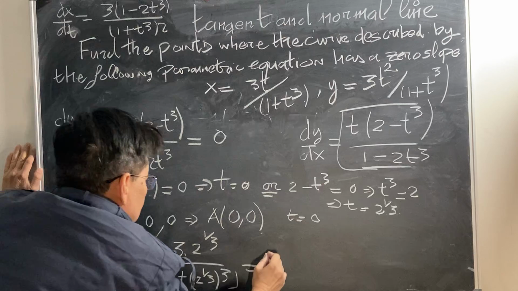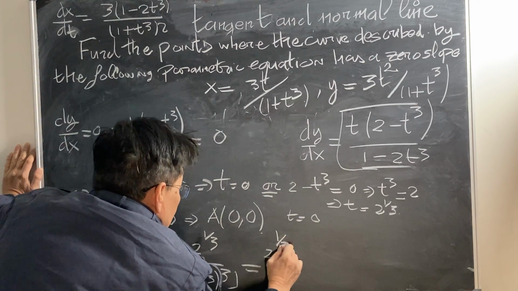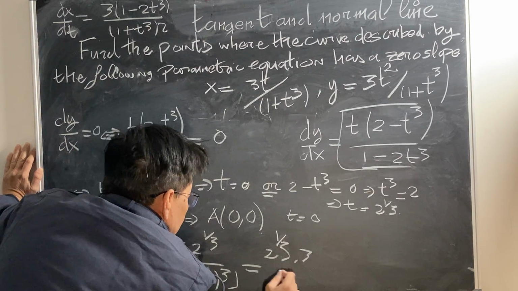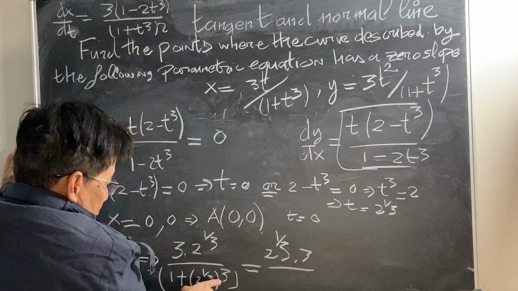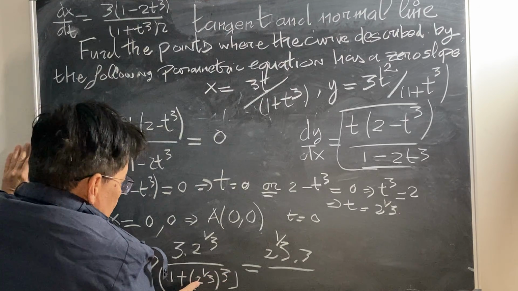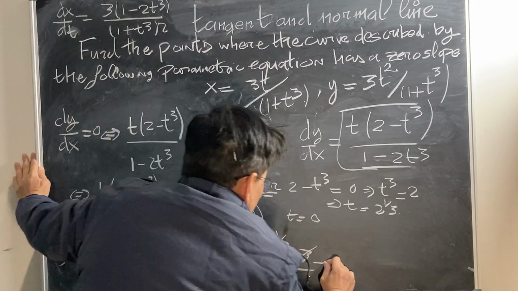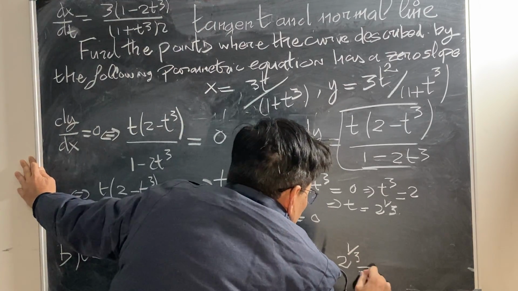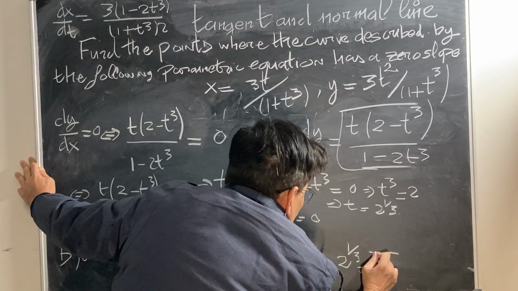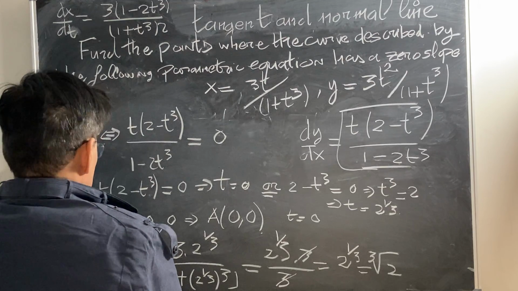Okay, 3 times 2 to the 1/3, and the whole thing to the power 3 equals 2, 2 plus 1 equals 3, 3 cancels 3, so x equals 2 to the 1/3, or the cube root of 2.